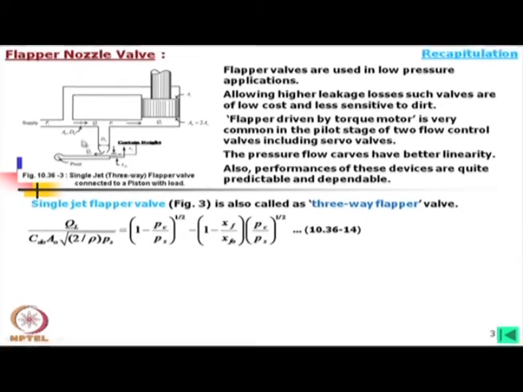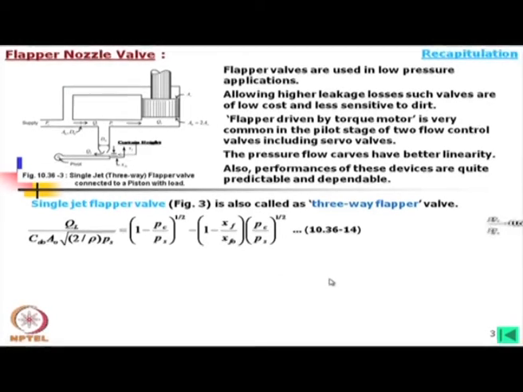This area is nothing but pi d0 squared by 4, and d0 is the orifice diameter. Then we get Pc by Ps, that is the control pressure by the system pressure. This will definitely be less than 1. So, this term is always a real term, and then xf divided by xf0, where xf is the flapper motion and xf0 is the initial gap.